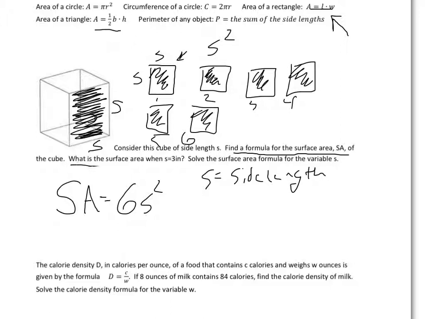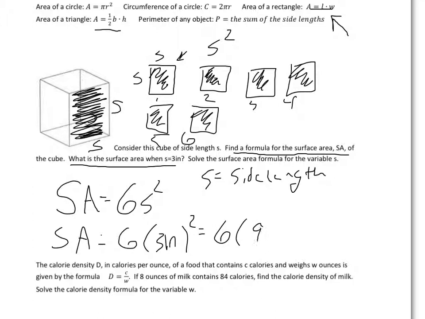Now the second part asks, what is the surface area when s equals 3 inches? Well, SA would equal 6 times 3 inches squared. When we square 3 inches, we have 3 inches times 3 inches, so we have 9 inches squared. We want to be really careful with the units.